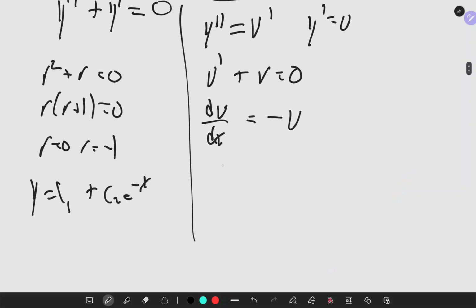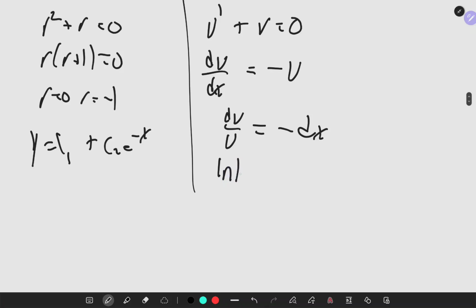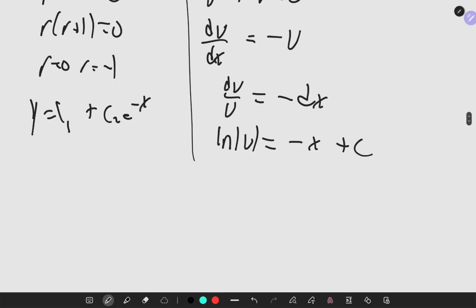Separate the variables. This would be the natural log of v is equal to -x plus c. Exponentiate both sides. That would be e to the -x times a new constant, I'll make it c1.